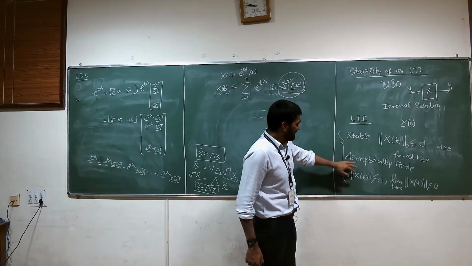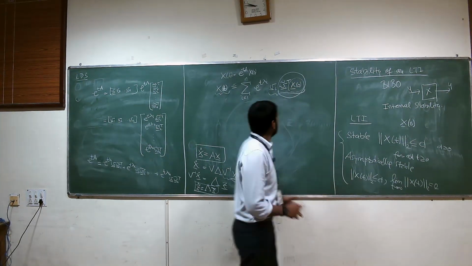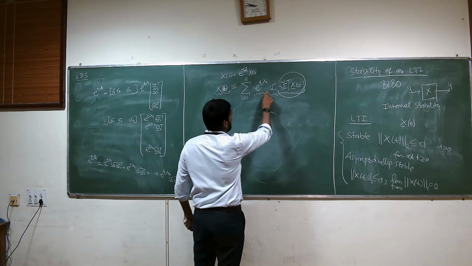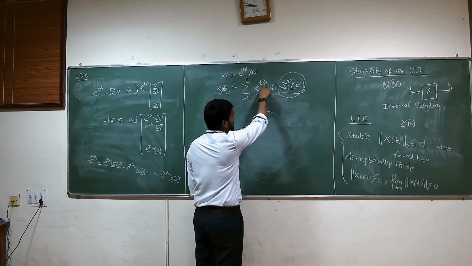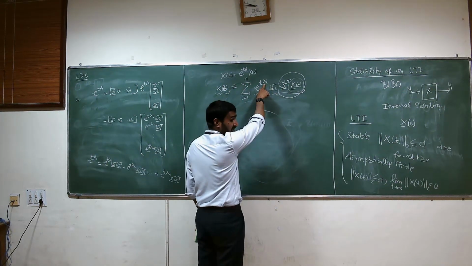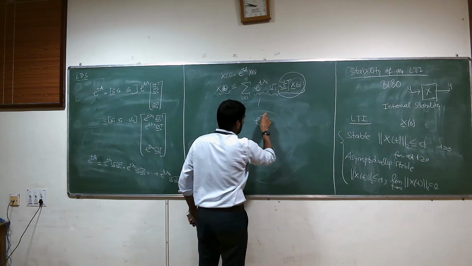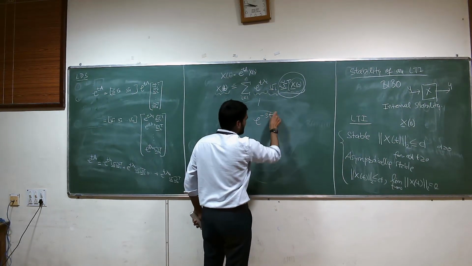If you want a system which is asymptotically stable, then these terms that you have here should have a negative real value. Each of these terms would be of this form, minus 3t.